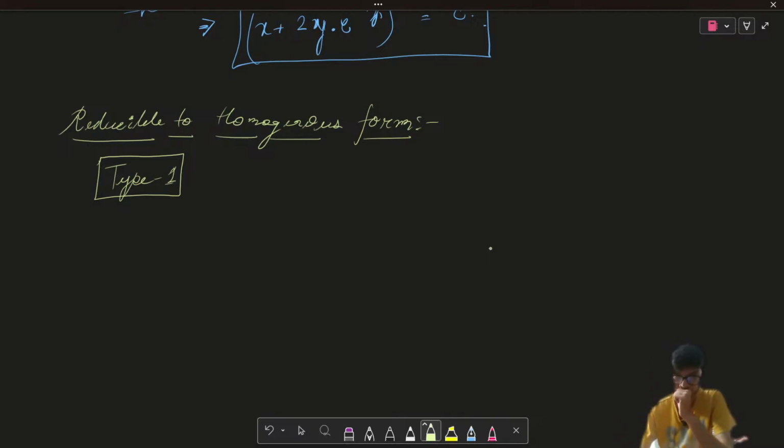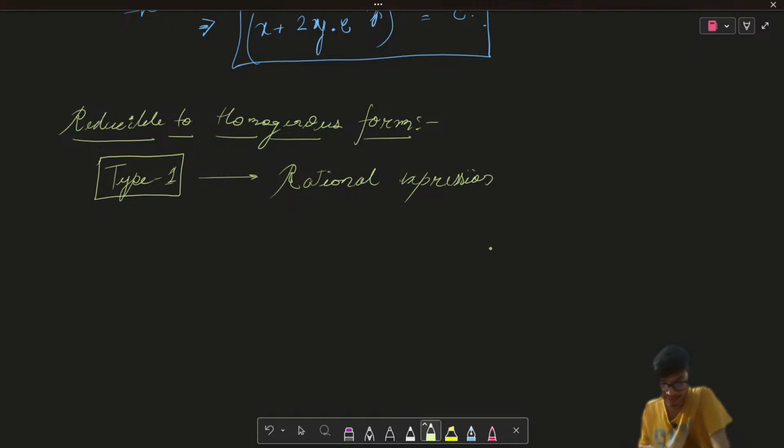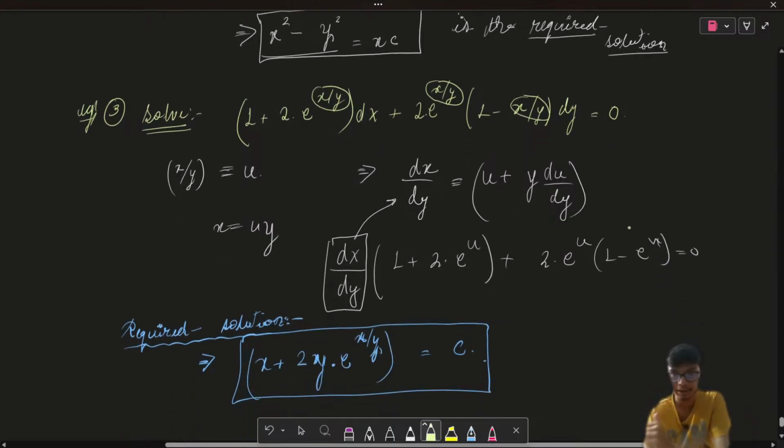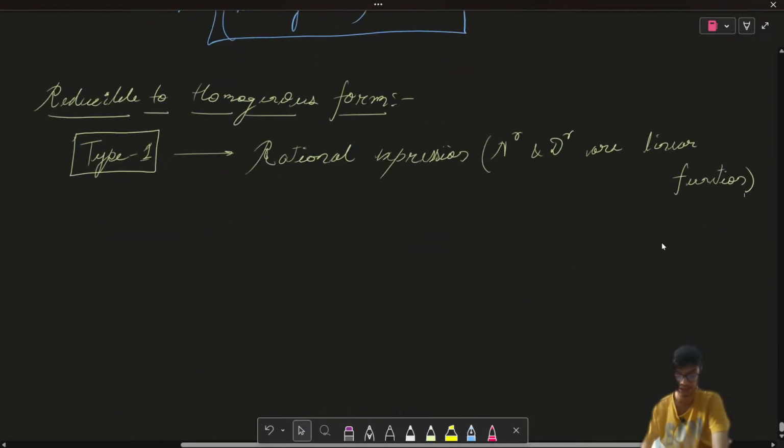The key thing to understand is that they generally have a rational expression whose numerator and denominator are linear functions. I'm writing nr as numerator and dr as denominator, both linear functions.